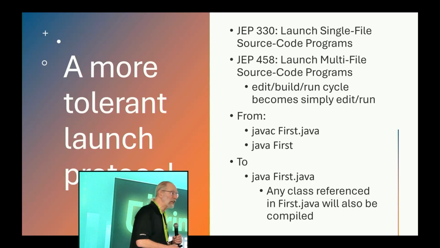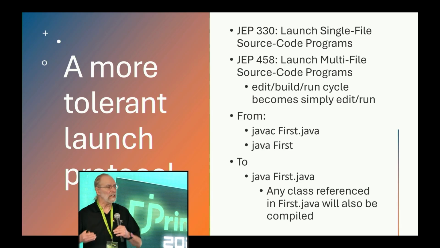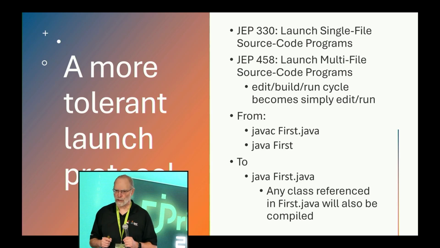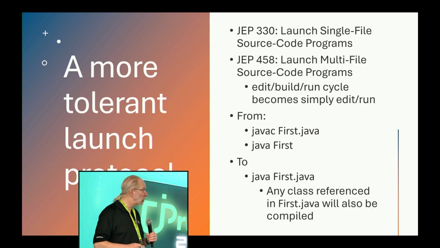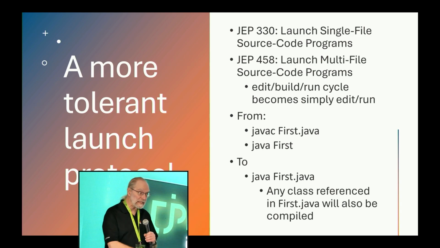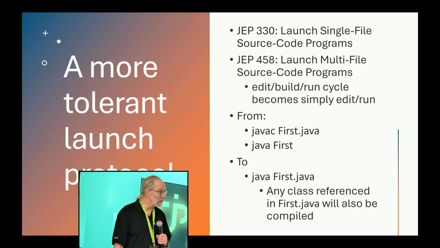There was a quick change that allowed you to say java, the name of the source file, and it would compile and run. That's actually been around for a few revisions. But the big change is if first.java has an import for another Java file in the same package, it'll compile those as well. It's kind of a mini build system for the first time.